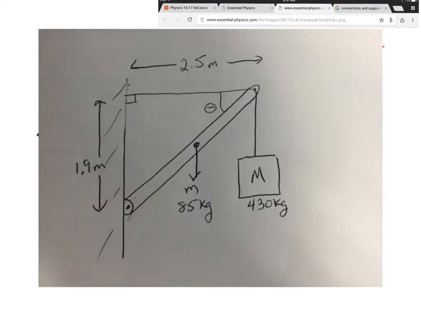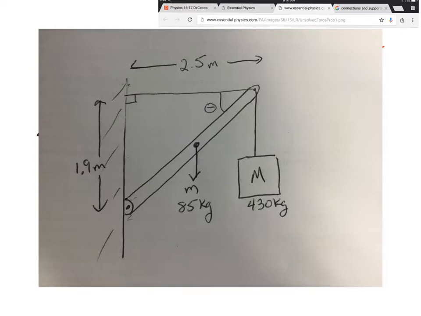Let's look at a problem now. Here there's a beam that's attached to the wall by a pin. There's a cable that's also attached to the wall, and that cable goes horizontally to the edge of the beam, and there's also a mass that is pulling down at the edge of that beam.